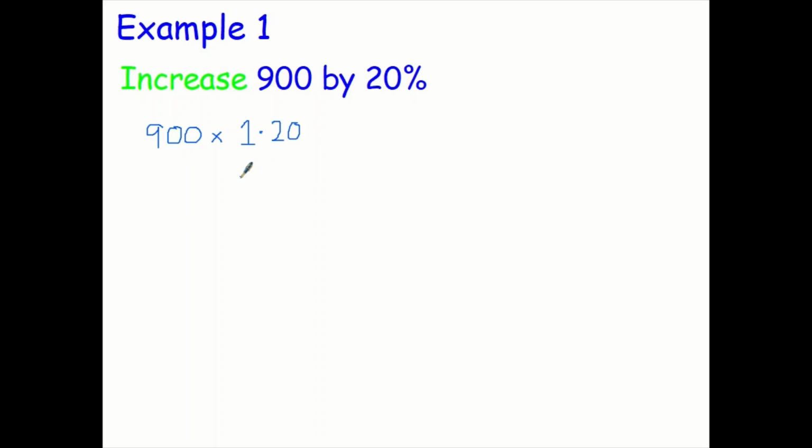Okay, so how can I do that? Well, I'm going to make this easier for myself. This is 9 multiplied by 100, essentially, and multiplied by 1.2. And if I actually do these two calculations, 100 multiplied by 1.2, I will actually end up with this calculation, 9 multiplied by 120.